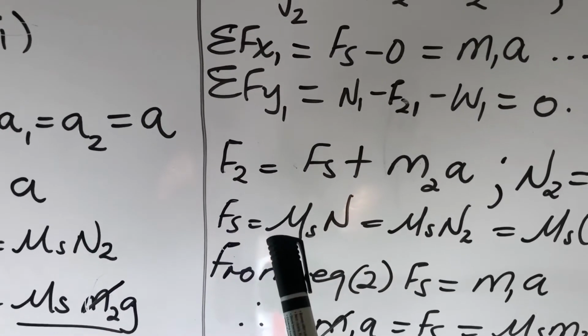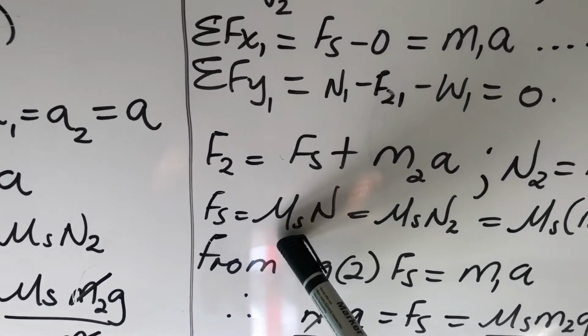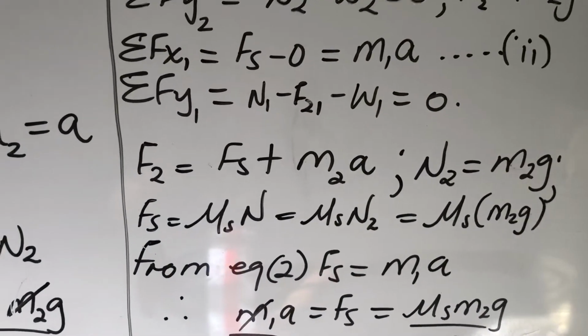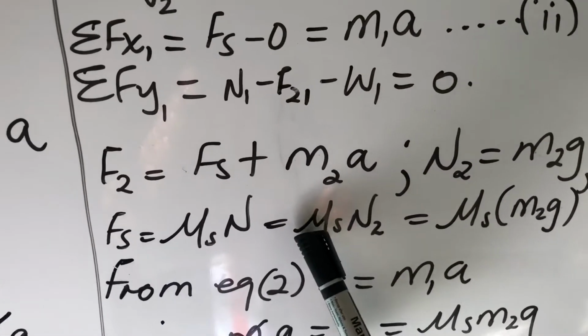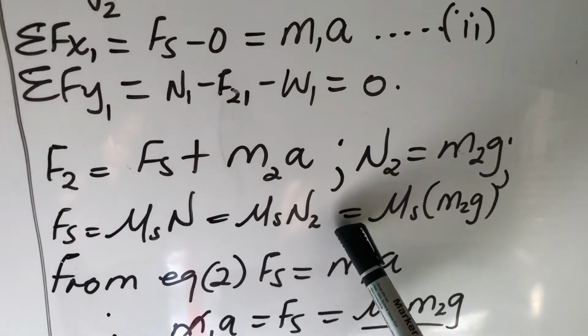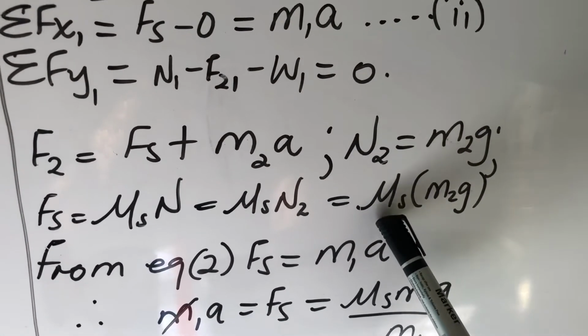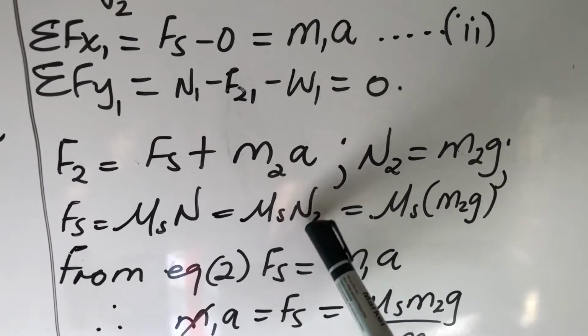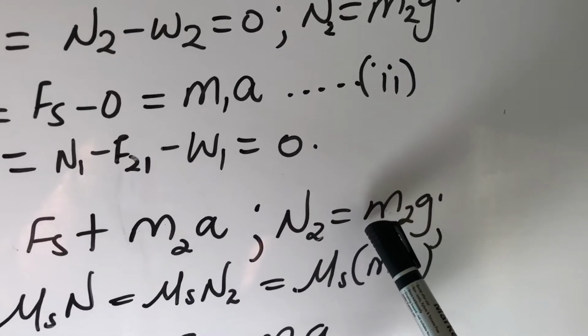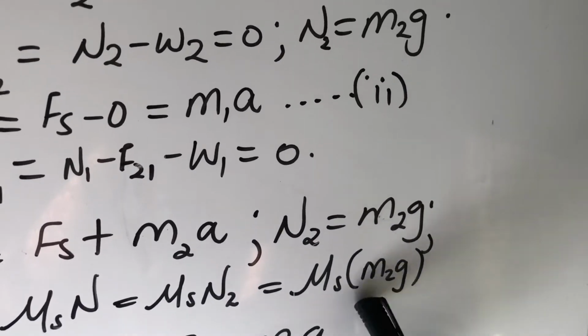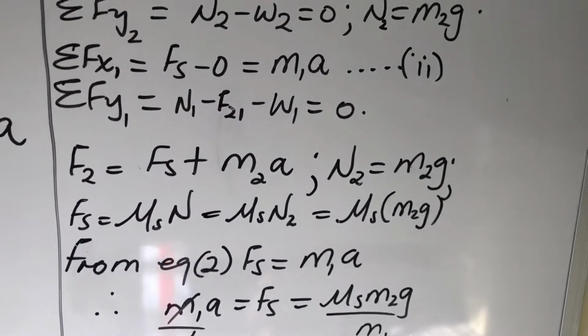Remember, the formula to calculate Fs is mu s N. Since we are dealing with particle number 2, it's going to be mu s N2, and in place of N2, we know from the question that N2 is equal to M2G. So in place of N2, I just substituted that.